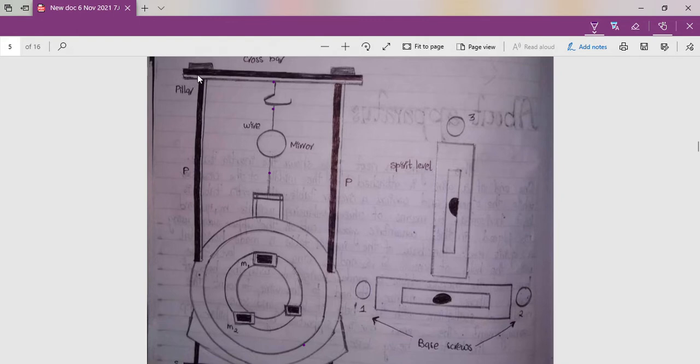Here one end of the wire is attached to the crossbar, and the other end is attached to the circular inertia table. Here masses M1, M3 and M2 are the balancing weights. They help to keep the inertia table horizontal.